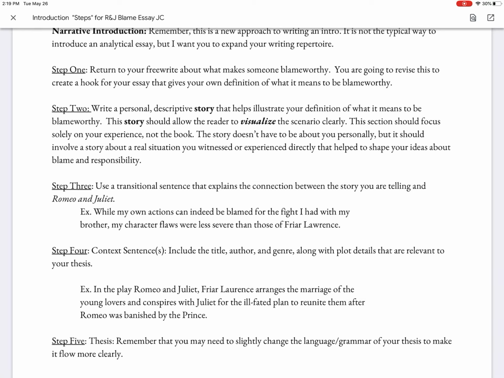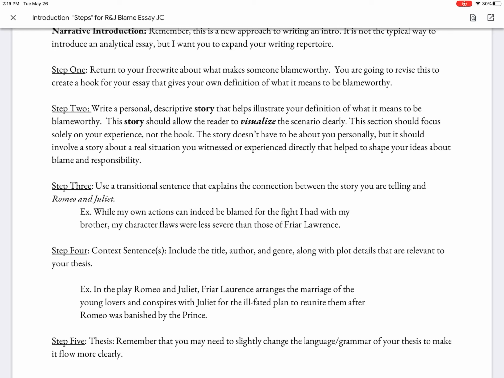So when you have that context sentence, then the last step is to include your thesis that you've already written. You may need to adjust the grammar a little just to make sure it flows with the sentences that have come before it. So this is going to be a lengthier introduction. Don't be surprised if it runs three-quarters of a page, because you're doing a lot of things here. You're defining what it means to be blameworthy in step 1.